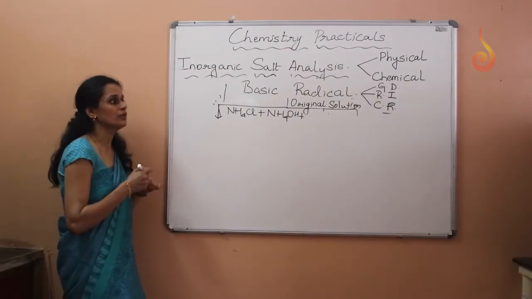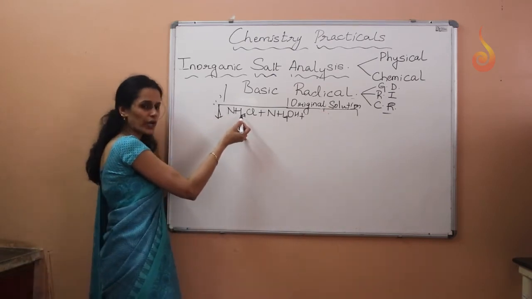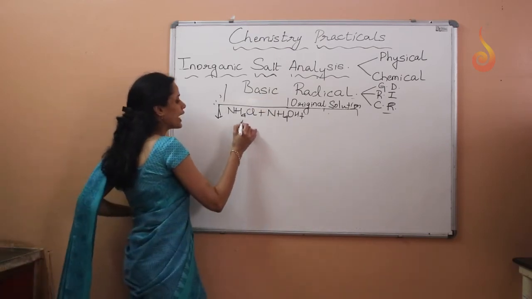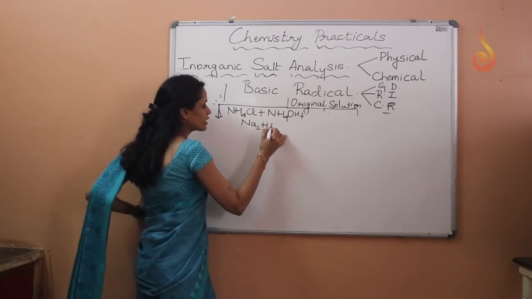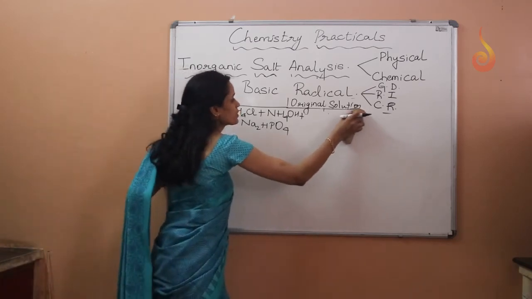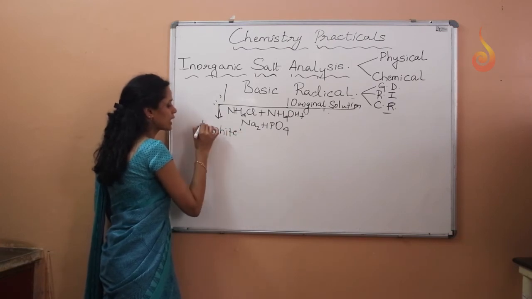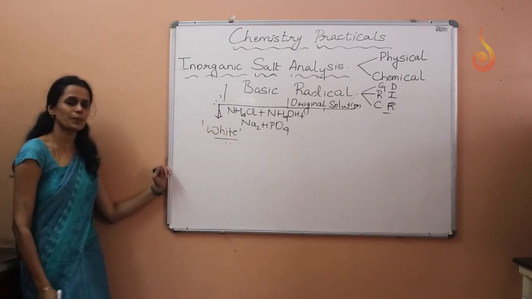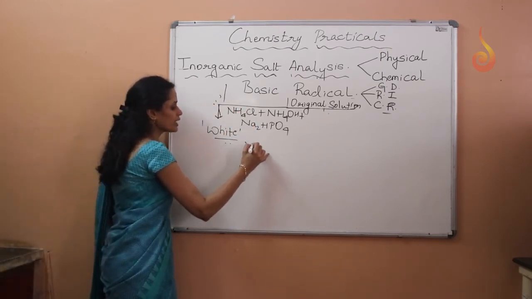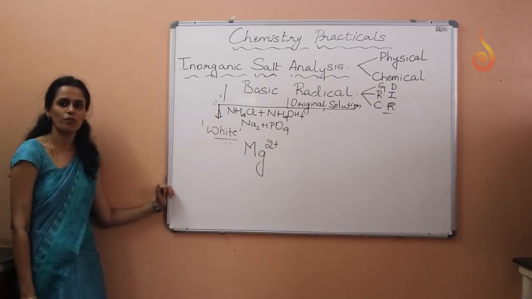For sixth group, we have to take the original solution, and to that we will add ammonium chloride crystals and ammonium hydroxide solution. To that we'll add another reagent, that is disodium hydrogen phosphate. Finally we'll observe a white color precipitate, which indicates sixth group basic radical, and it may be magnesium ion.